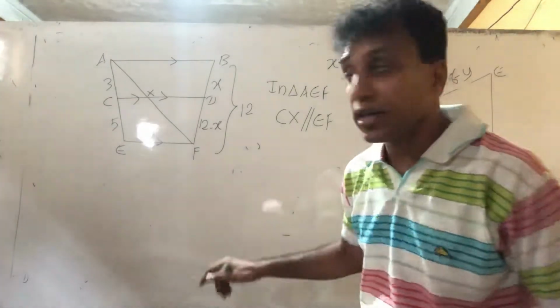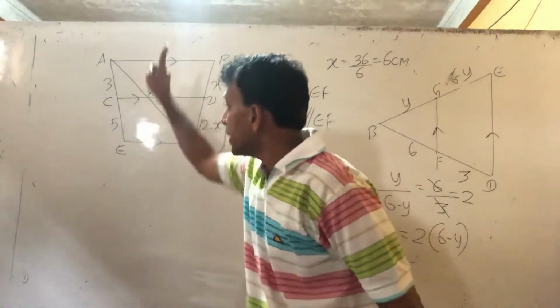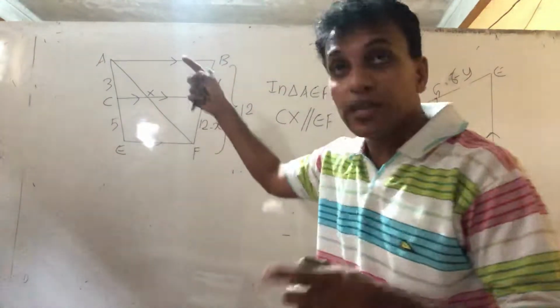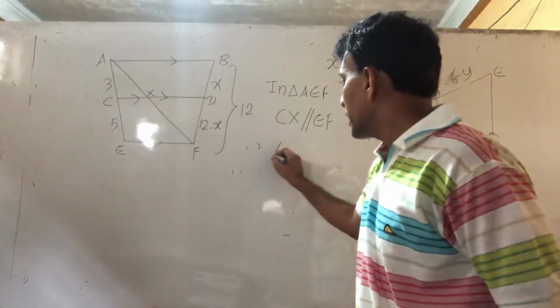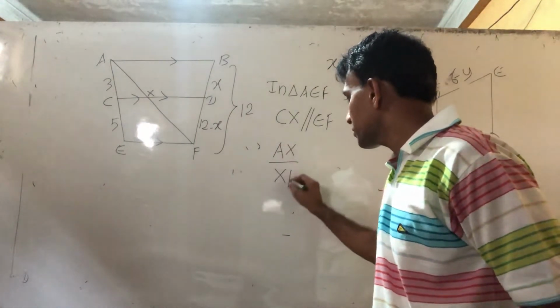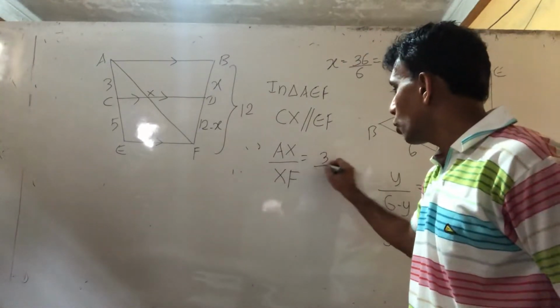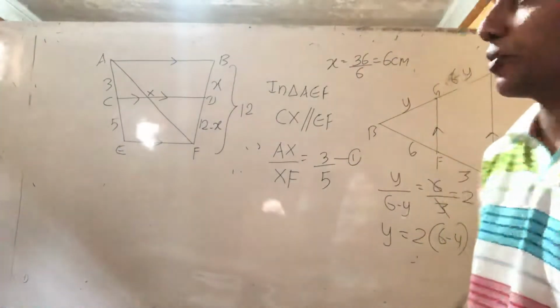Therefore, I write the ratio 3:5, AX is to XF. AX is to XF is 3:5. I write the unknown part first. AX over XF equal 3/5. I say first equation, right?